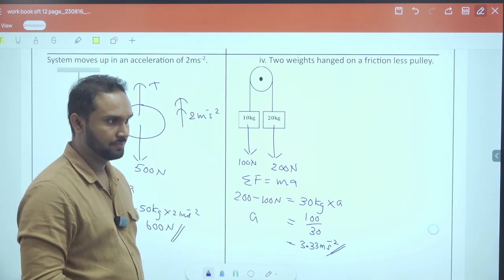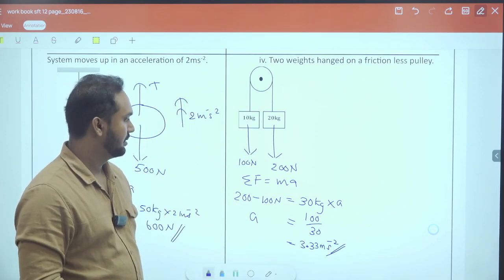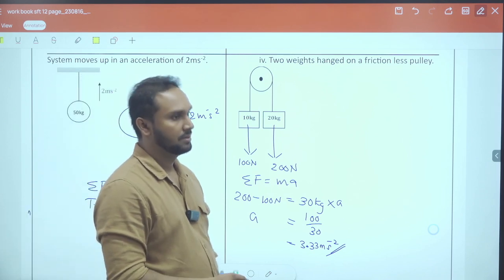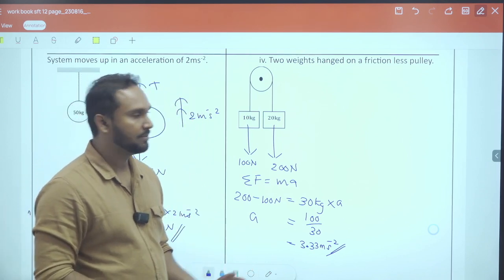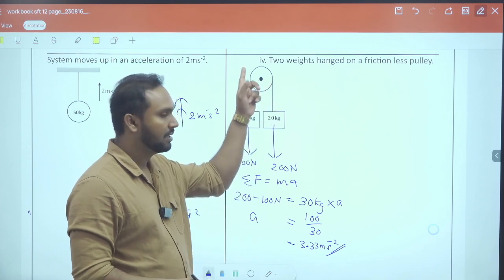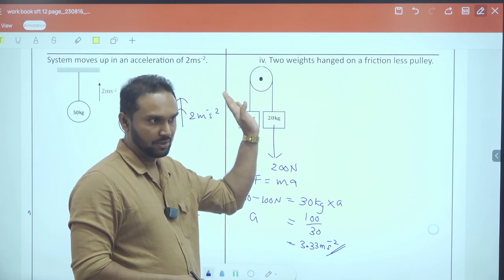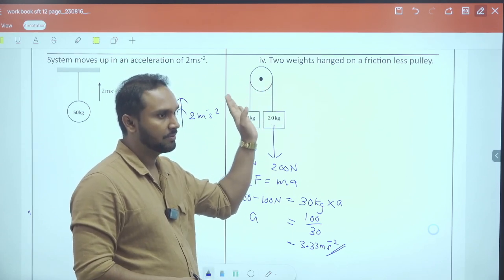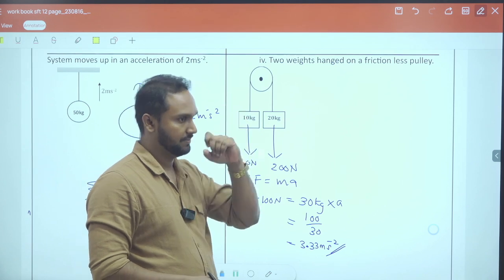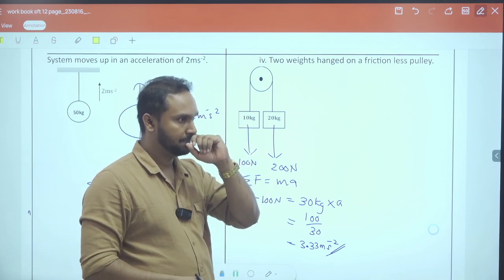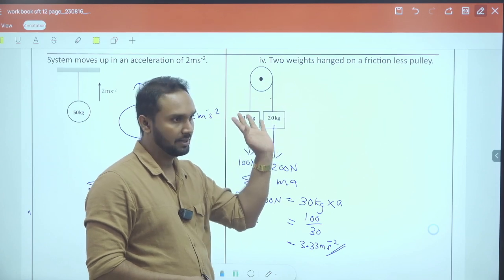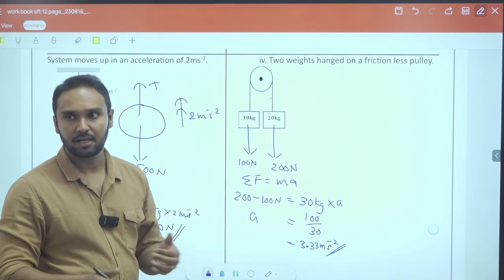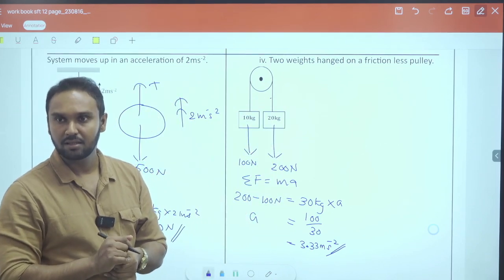Got it? Right. Because the pulley is frictionless, the same rope has the same tension. Whether we take the tension on this one or on that one, it is the same tension. If you want, you can check with both, it will be the same tension. Do you get it? Now remember this.